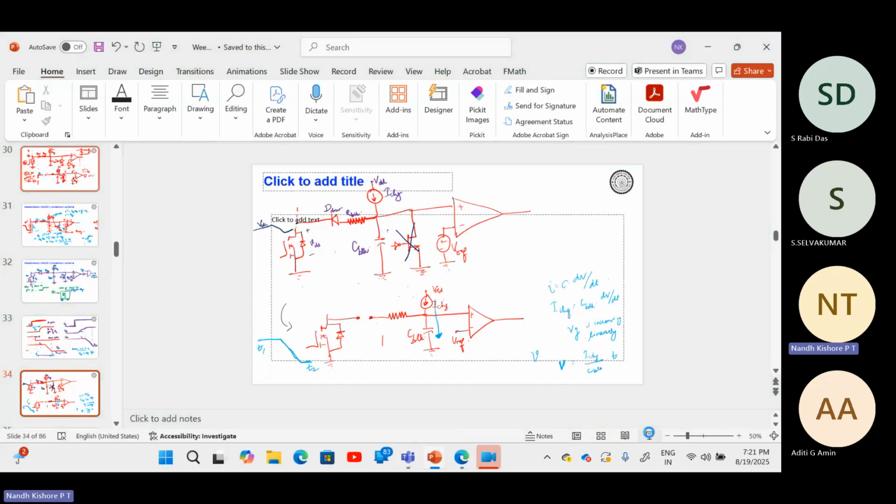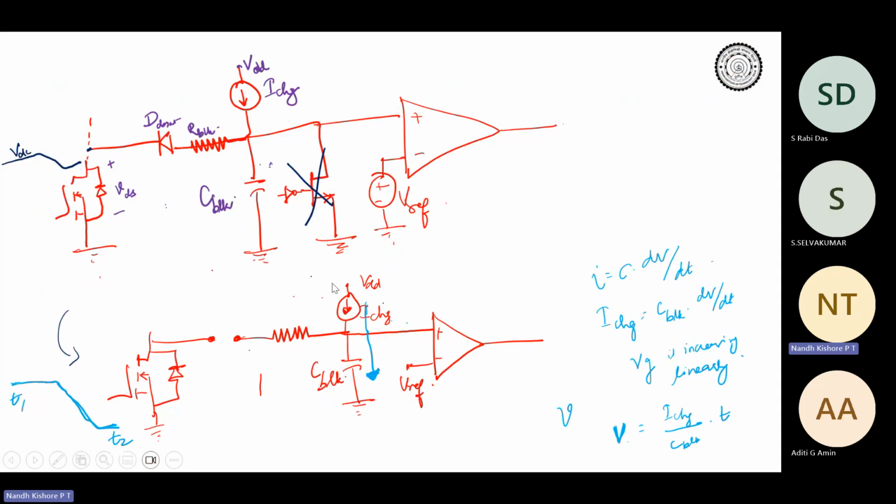So during this period, between T1 to T2, we saw that the current is going to find a path through the capacitor, and the capacitor voltage increases linearly. The diode is reverse biased.